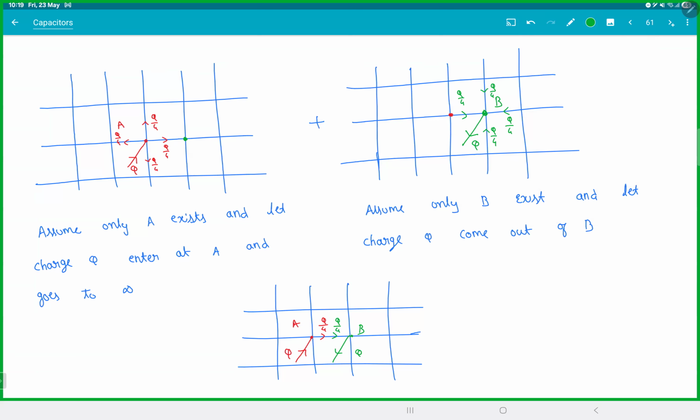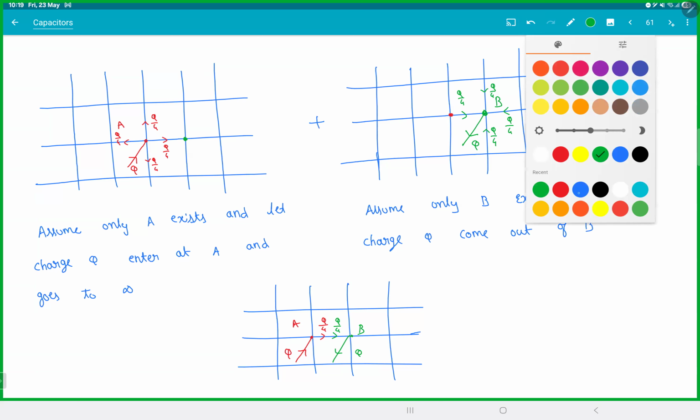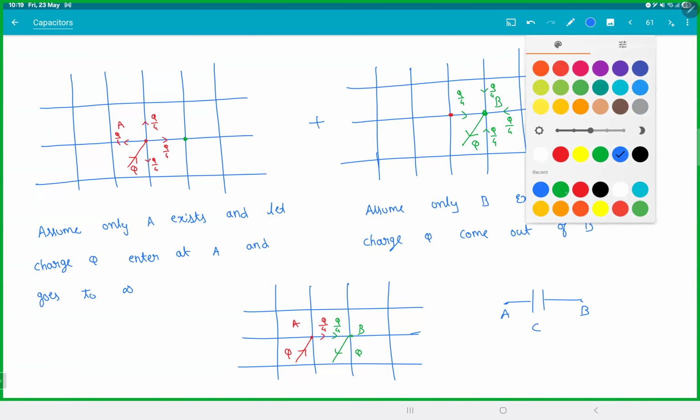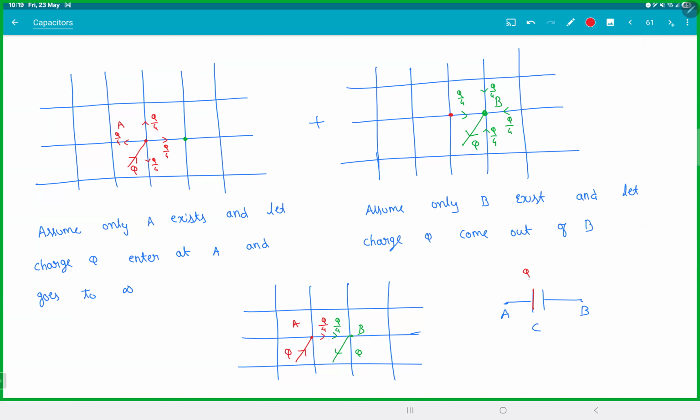Means if only A was there in that branch, you would have got Q by 4. If only B was there, you would have got Q by 4. Since A and B are two independent things, if I push and pull the charge at the same time, in that middle branch connecting the capacitor between A and B, you should have a charge of Q by 2 and minus Q by 2. Is that making sense? Is this argument clear, everyone?